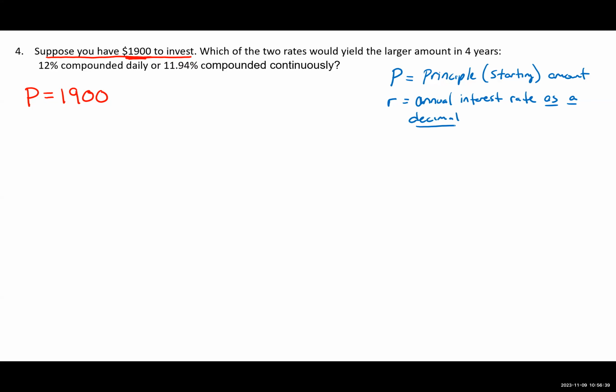This has to be given as a decimal, right? Not a percentage. Remember, percents are not numbers. So for example, if the interest rate is 12%, then r, we would have to convert 12% to a decimal. So divide by 100, r would be 0.12. So this is an example.